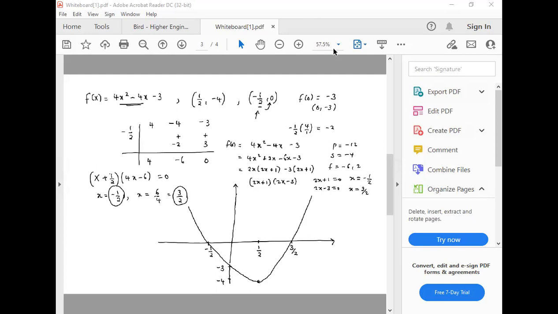When y is 0 in a point, it means that that point is on the x-axis. So it being on the x-axis, it means that it's an x-intercept. When you're getting the quadratic to 0, you're getting the x-intercepts. Now you already have one. So to look for the other, we could also choose to use what we had, that is by using synthetic division, since we already had a factor.